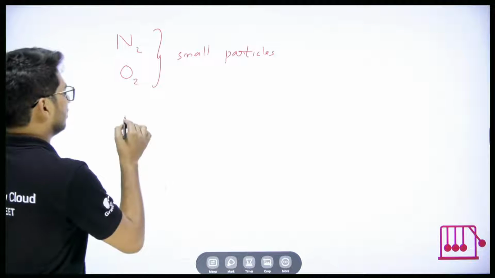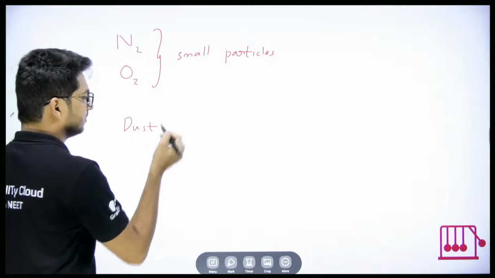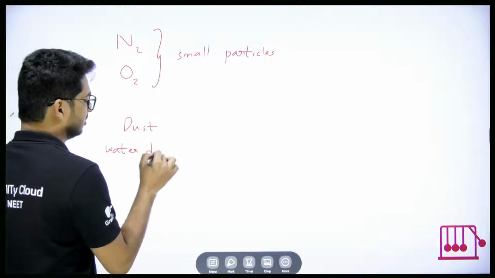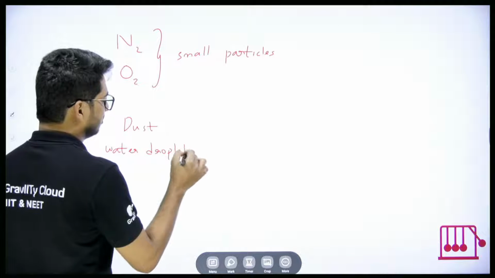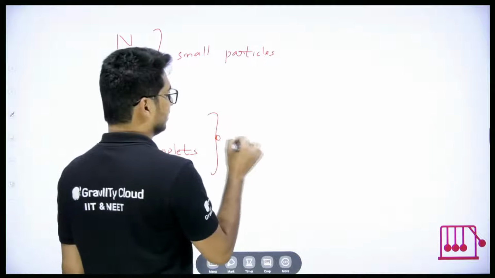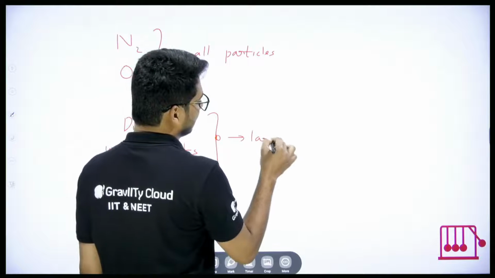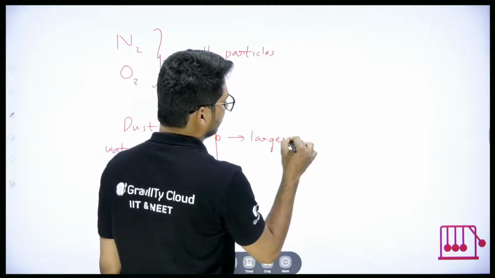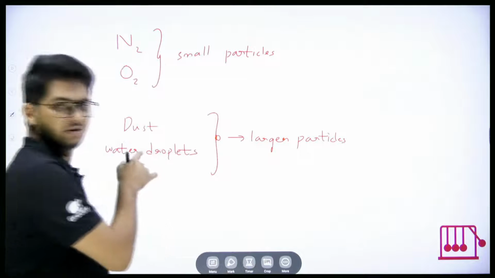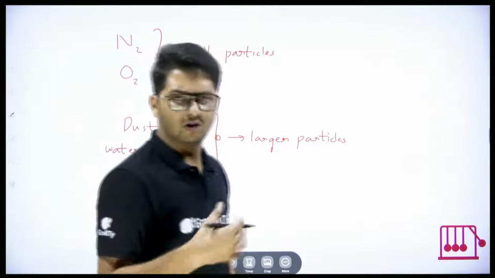Whereas, when we talk about dust particles, let's say water droplets in the cloud, on these we will be considering as larger particles. See, even a dust particle is very small for us.